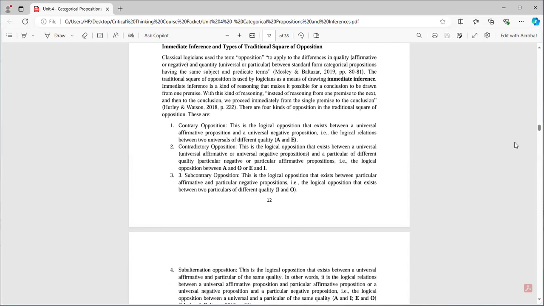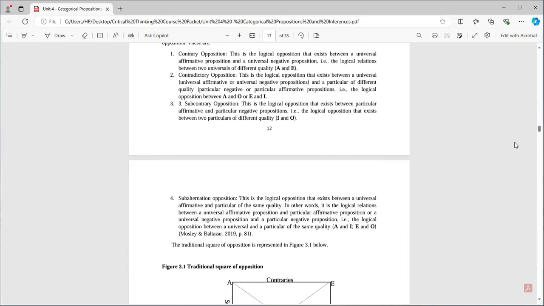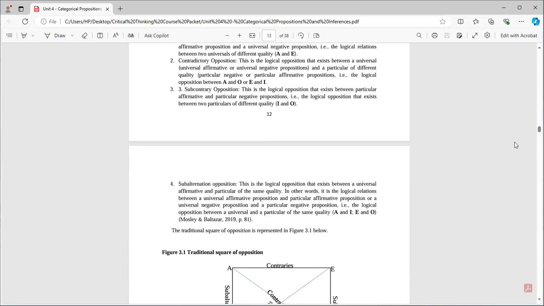And then the final one, when you have a logical interaction or opposition between a universal and a particular of the same quality. So it's universal affirmative versus particular affirmative, or universal negation versus particular negation, the same quality.